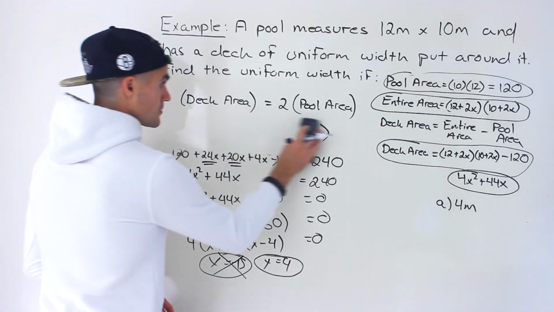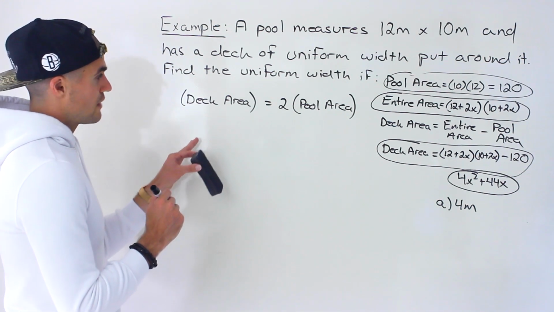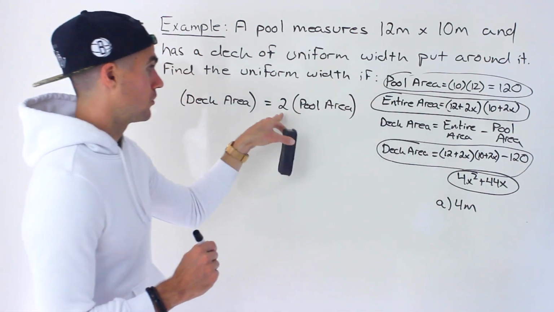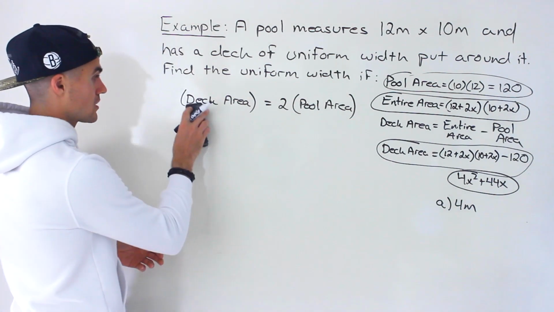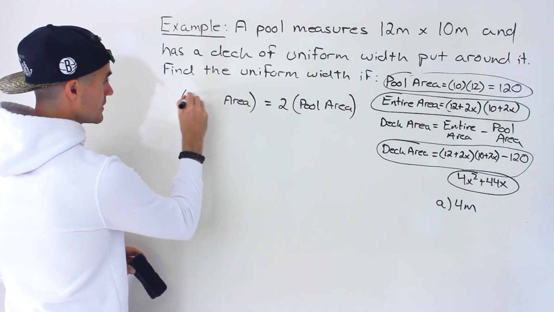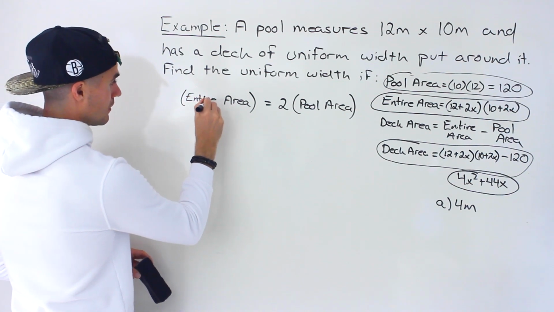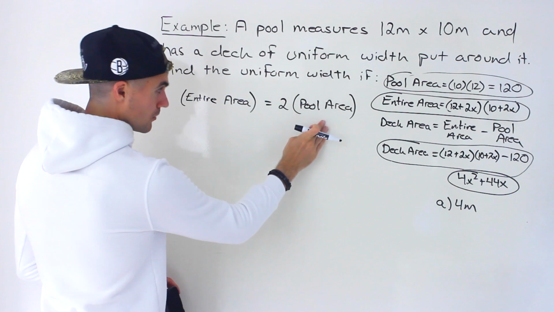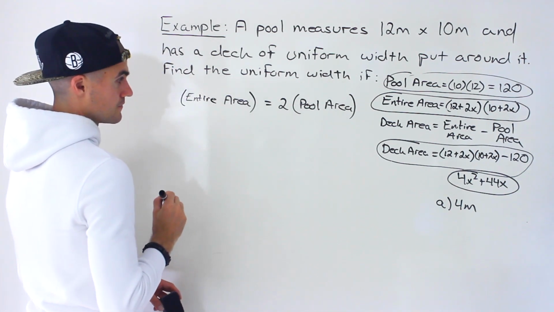Okay, so let's move on to part B, because we're told that the entire area is double the pool's area. So this equation would change because now we would have this as the entire area. The entire area is double the pool's area, like that.